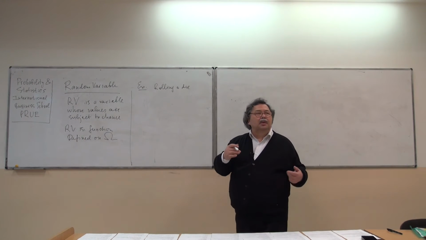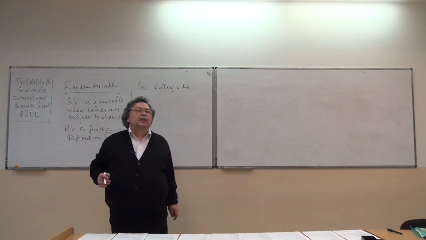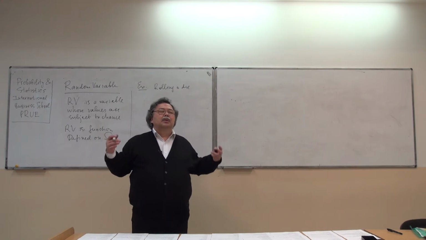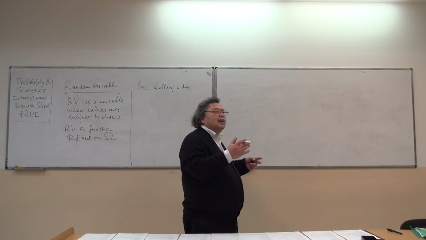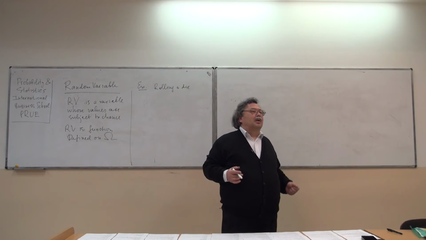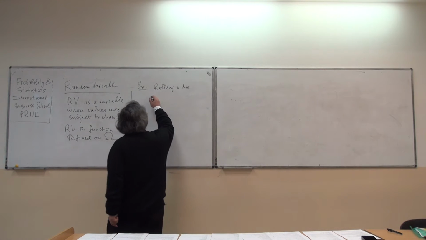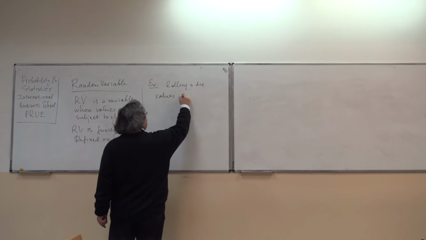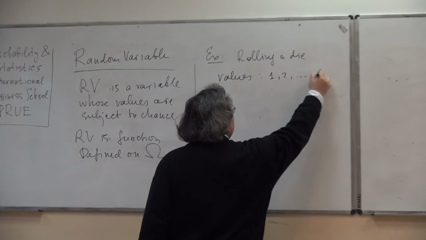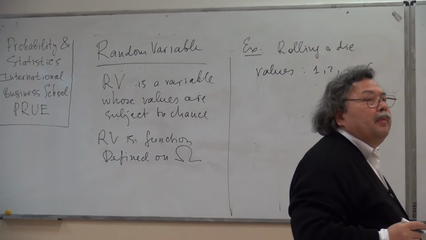The die turns up 1 or 2, up to 6. We don't have to do anything to associate outcomes with numbers. The numbers are already there. So the random variable has values. The possible values are 1 to 6. One value per outcome.